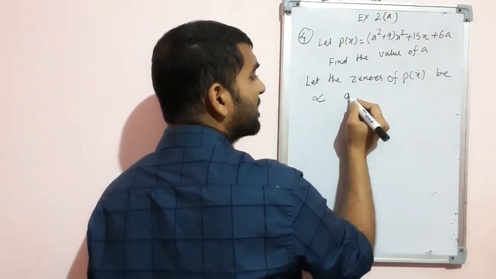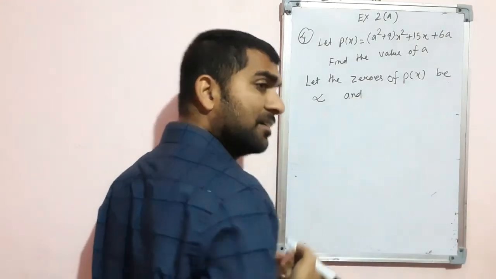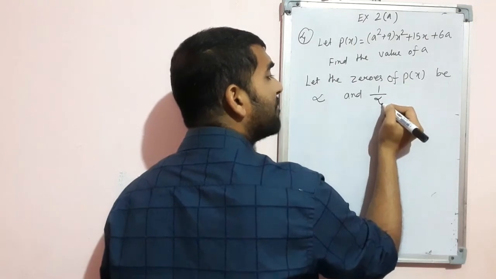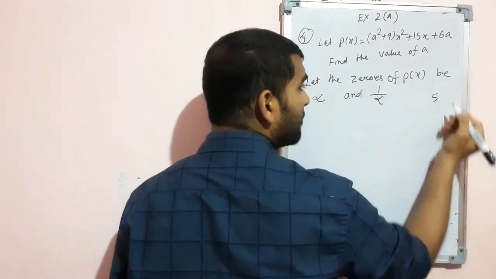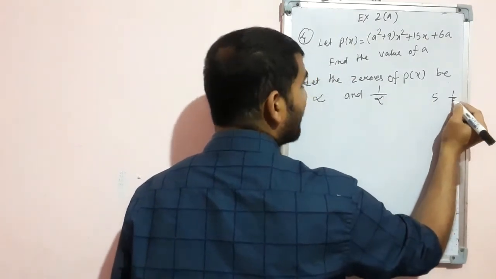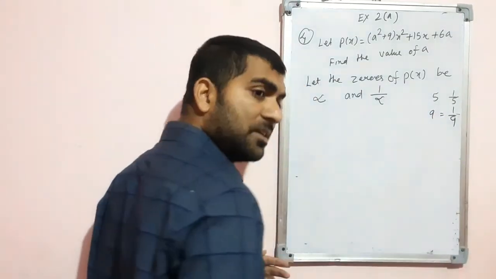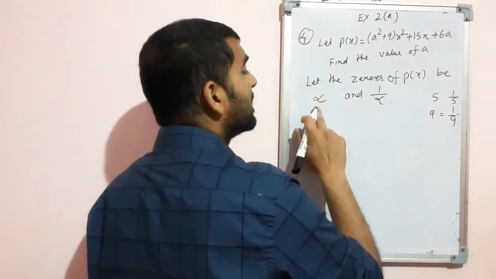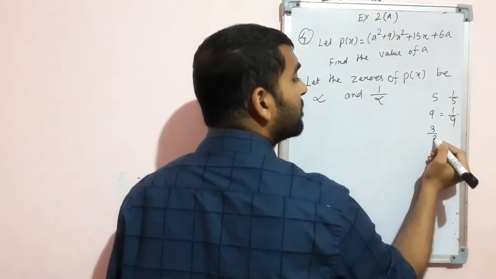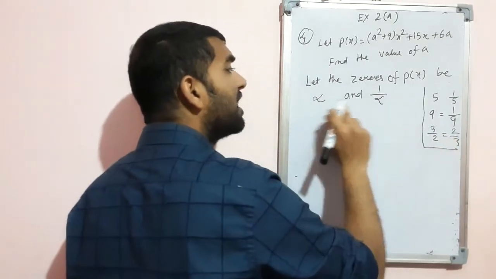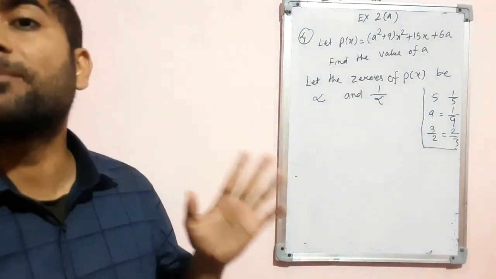So the other will be the reciprocal of alpha, which is 1 by alpha. If I say reciprocal of 5, you will write 1 by 5. Reciprocal of 9 will be 1 by 9. Reciprocal of 3 by 2 will be 2 by 3. Clear? So that's why alpha and 1 by alpha.